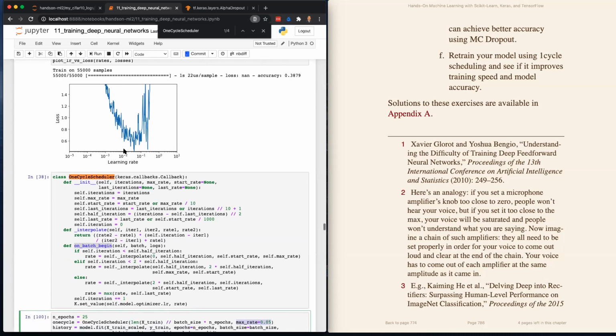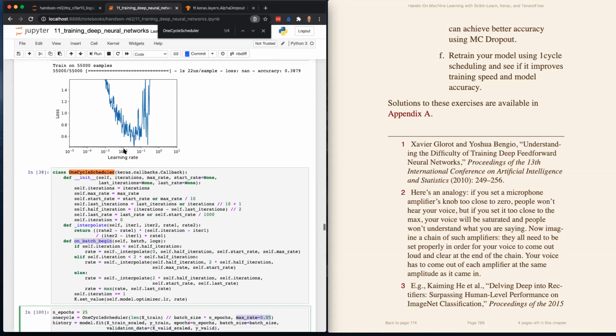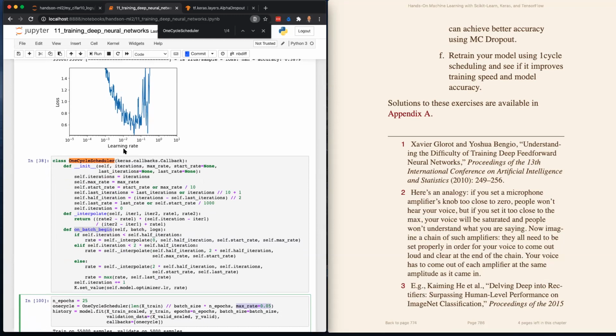And then he uses that value as the max of your learning rate. That is the max your learning rate can go up to. And then it has that cycle, where it starts from a low value and goes up to that max value.